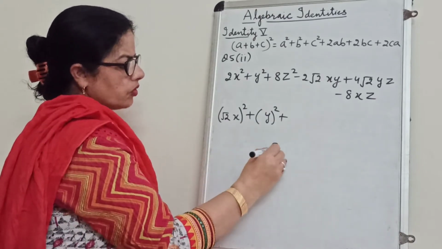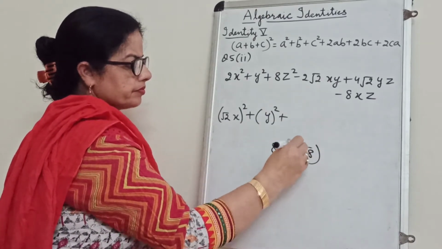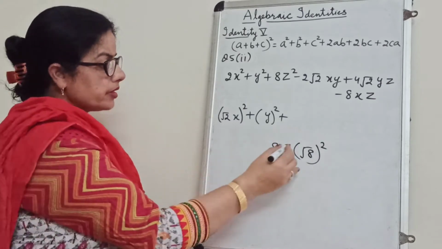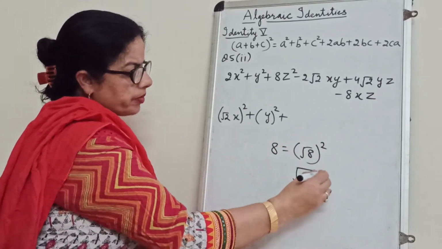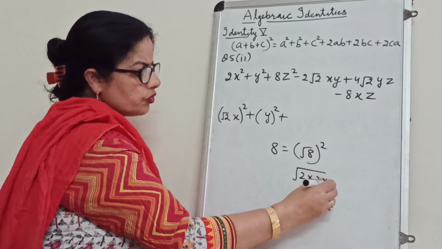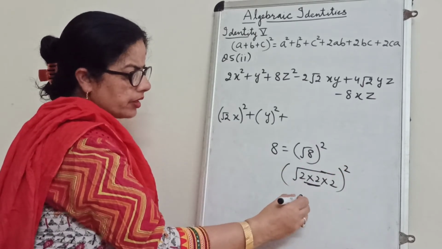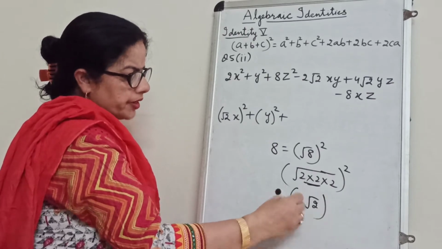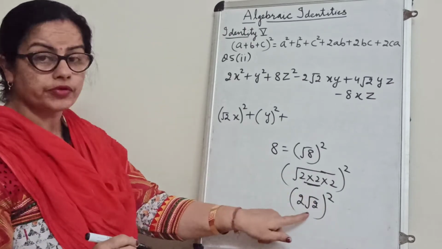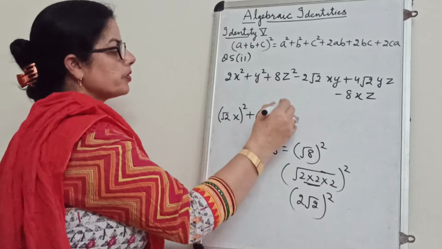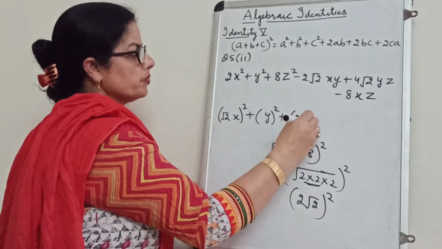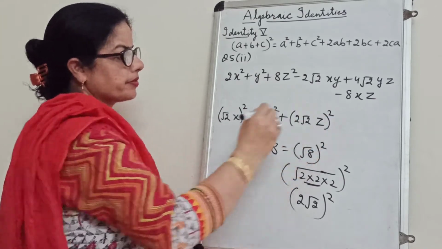Is 8 the square of root 8? But it should be in the simplest form. 8 we can write as 2 into 2 into 2, and in a square root, if anything is there 2 times, it comes 1 time outside. It means 8 is the square of 2 root 2. So we can write 2 root 2 z whole square.